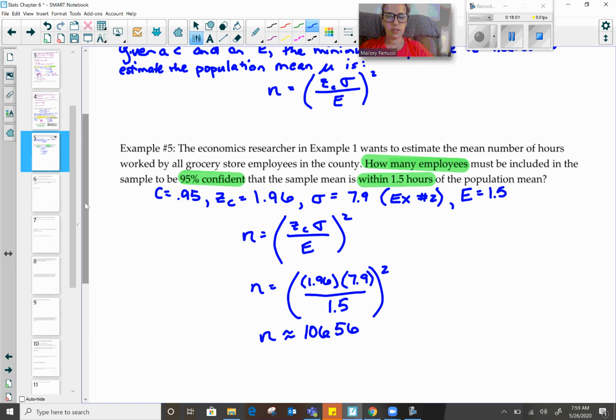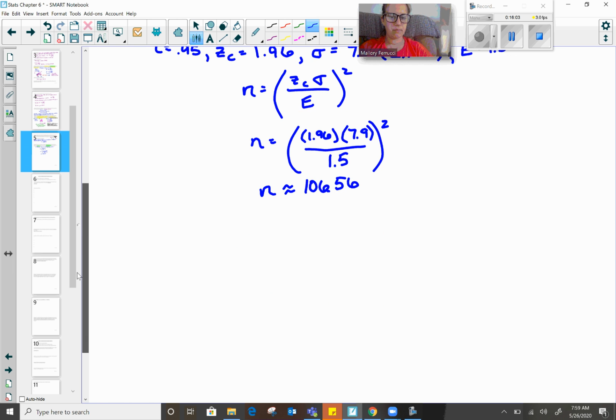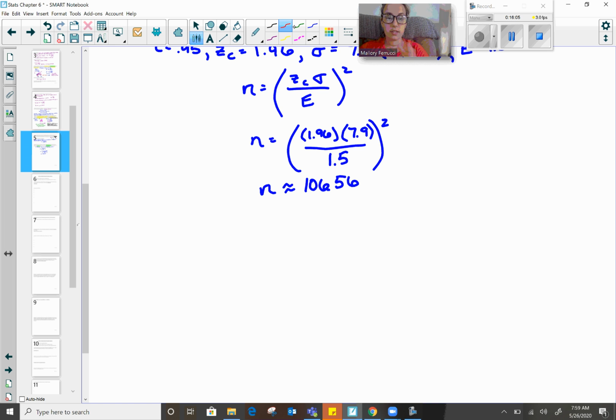Now we're talking about a sample size. We never want part of a person. No matter what, no matter if this is like a 0.0001, you always round up. Because if you round down, you won't have enough people.